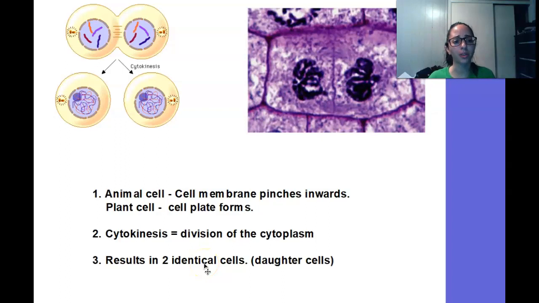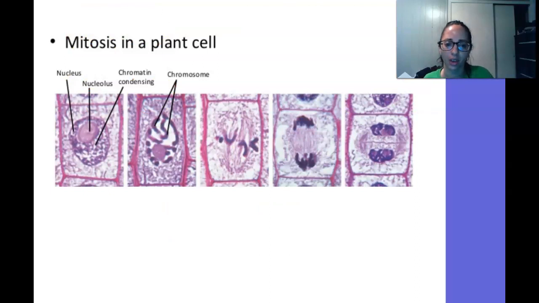So the purpose of mitosis is to create two identical cells. They're identical to the parent cell. And one thing: last week in your performance lab assessment, one of the questions was about the size of the daughter cells compared to the parent cell.